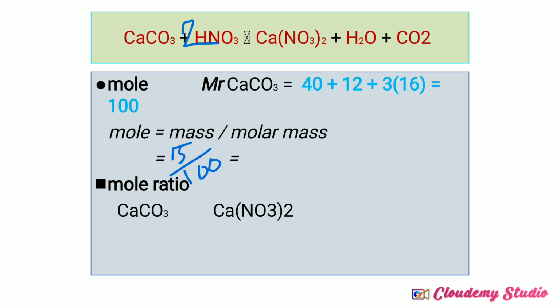If we divide 15 by 100, what will be the result? 0.15. 0.15 is the answer. So the number of moles we have got is 0.15 mole. So for the given calcium carbonate, we have calculated the number of moles.